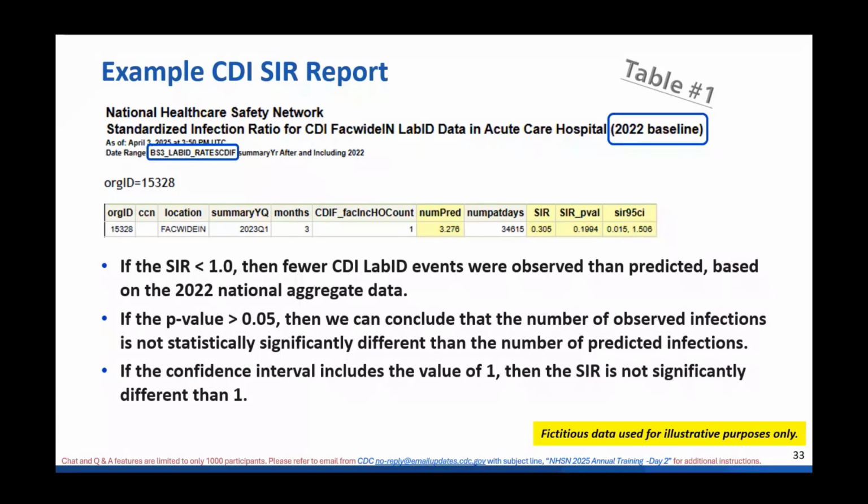If the p-value is greater than 0.05, then we can conclude that the number of observed infections is not statistically significantly different than the number predicted. And the last interpretation is looking at the 95% confidence interval, and if the confidence interval includes the value of 1, then the SIR is not significantly different.